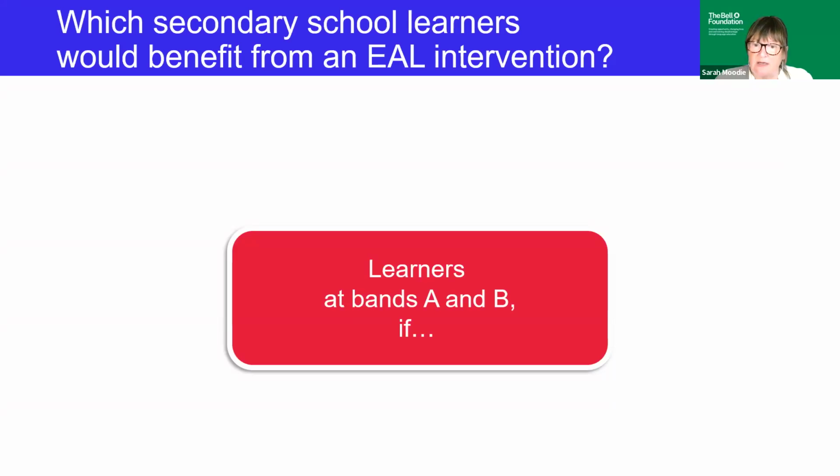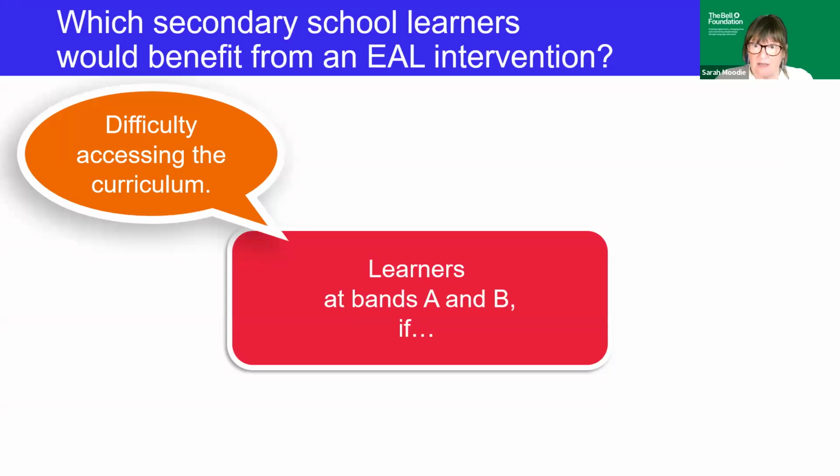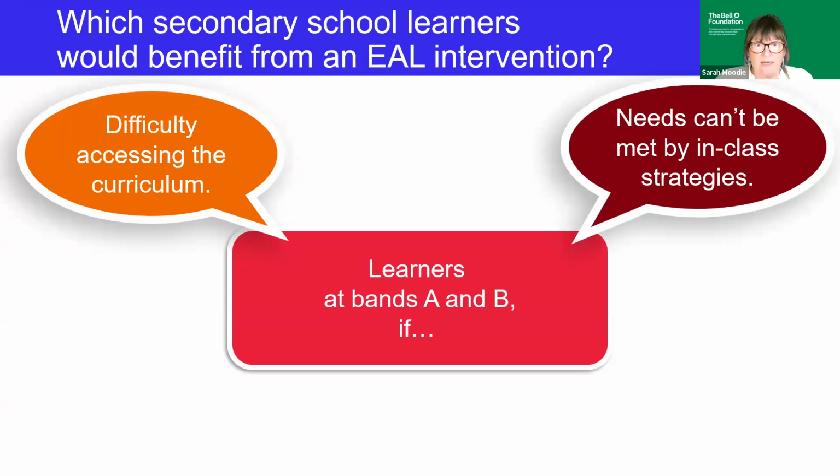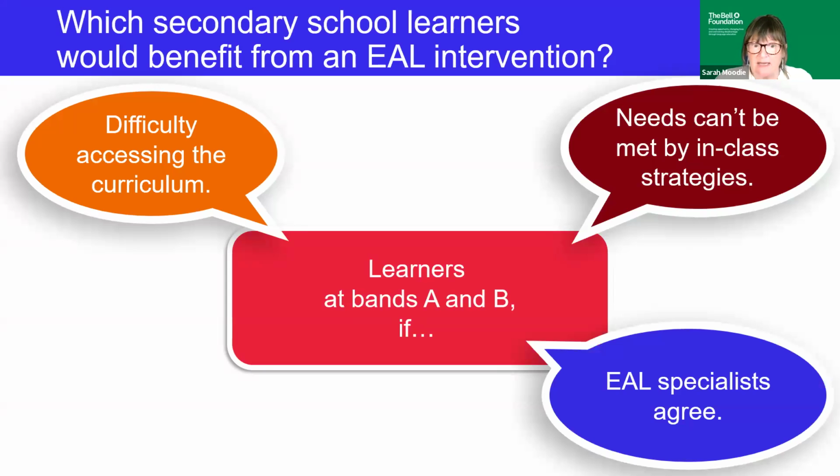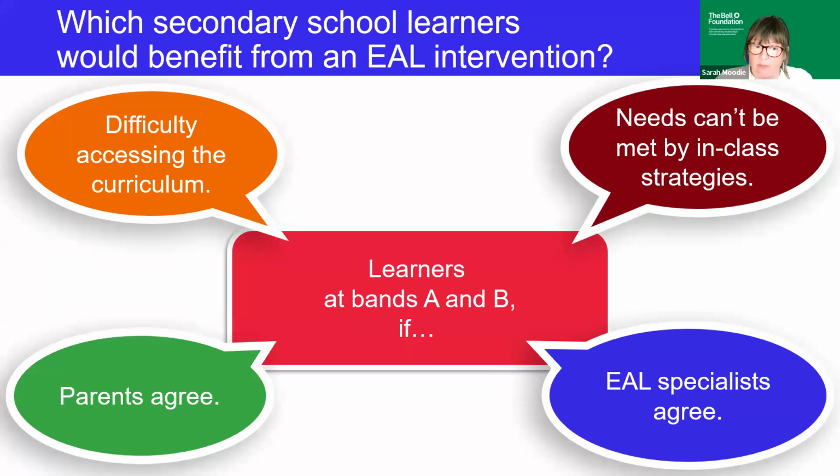So we're going to say that learners, particularly those at bands A and B at key stages 3 and 4, might benefit from out-of-class interventions if they've got difficulty accessing the curriculum, their needs can't be met by just the in-class strategies that we mentioned before, if they've been assessed and the EAL specialists agree that this is the best thing to do, and crucially, if the parents agree and the parents understand the implications of what they would be missing. And as well as parents, I'd say the learner themselves needs to be consulted and needs to agree that this is a good way to go.